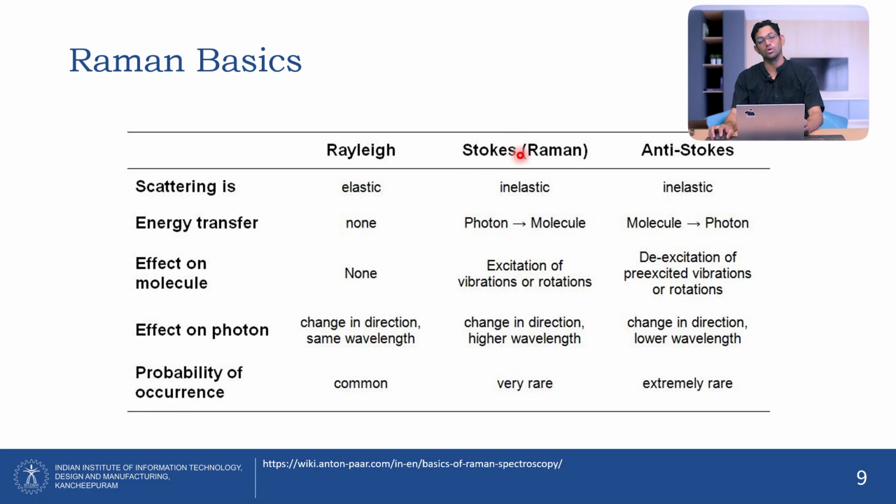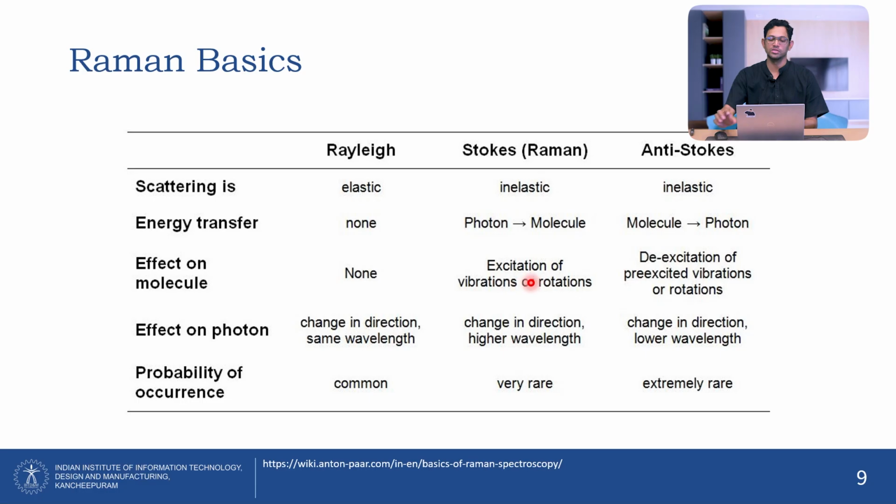The Stokes are also called Raman scattered light, and the significant events that take place are more in the case of Raman scattered light as compared to the Anti-Stokes, specifically because you can impart energy based on the molecular vibration to the light.